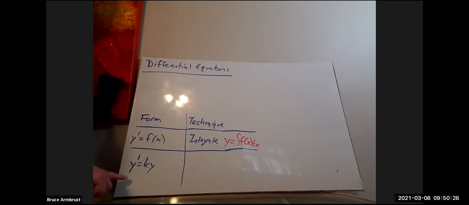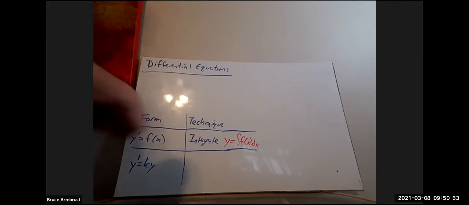But do you recognize this? You guys remember seeing that before? Anyone know what kind of function we got when we had this form? Yeah, Adam, it is PERT. This is exponential growth. Right?